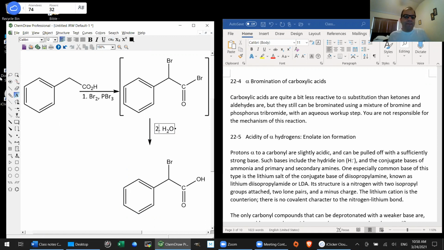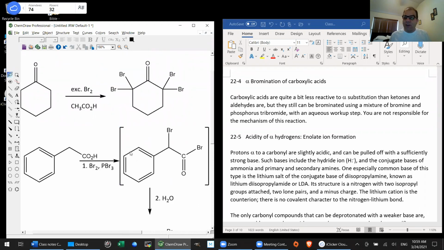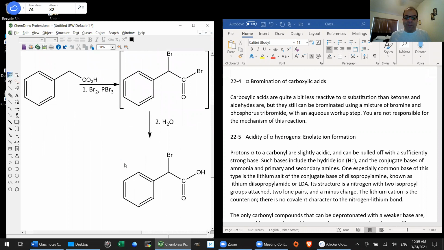One would always and necessarily have that aqueous workup step. So of course, if I were just being asked for the product, I wouldn't even draw this. I just put it in there to make you aware. Certainly the final product would be this. Or again, if it said excess bromine, then you'd have 2 bromines over here, kind of like we did up here, where we replaced all enolizable hydrogens.